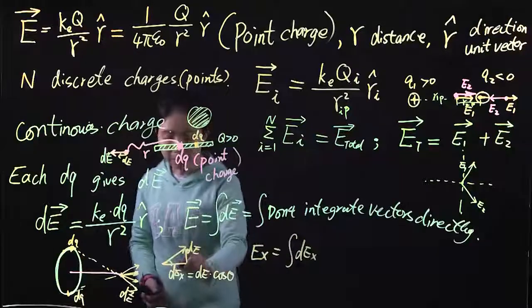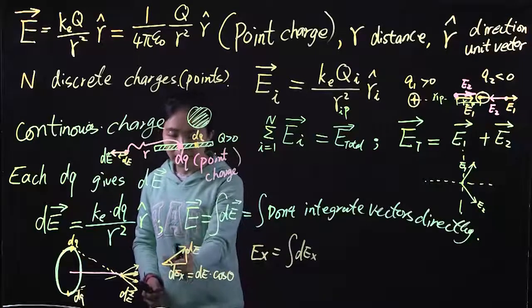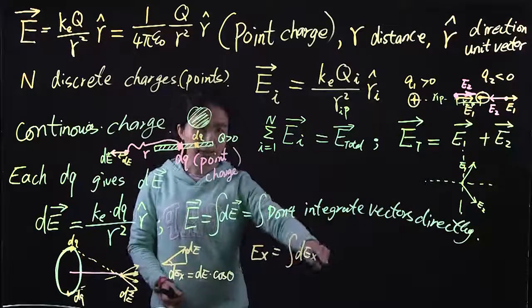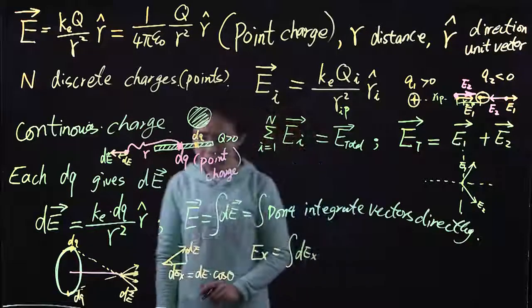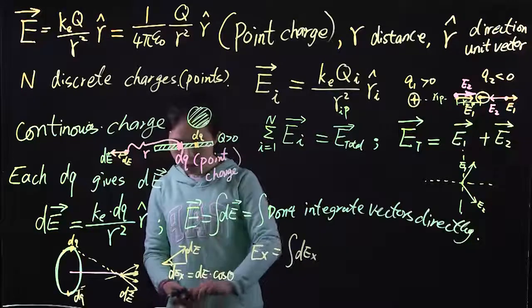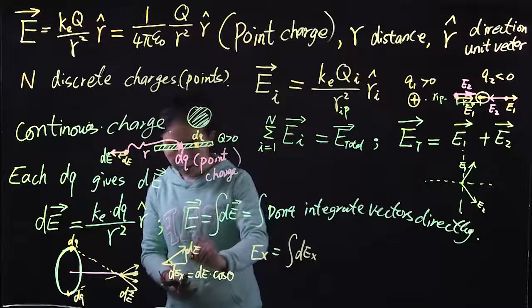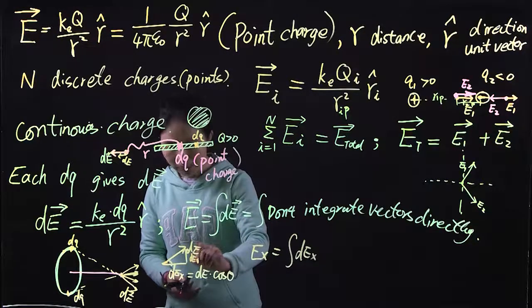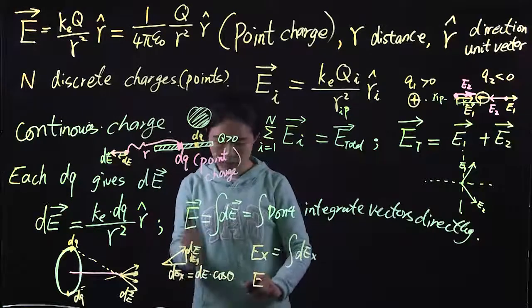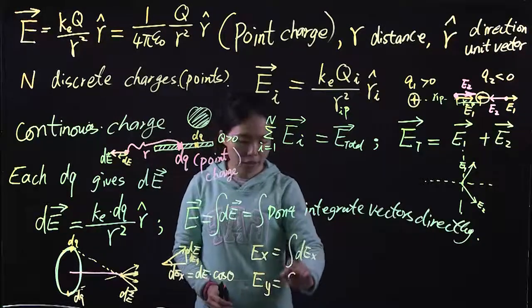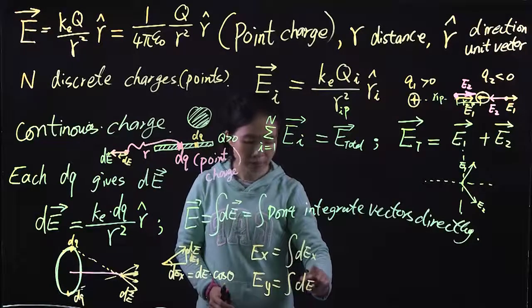Only after you decompose your vector into the x component can you do your integration. Similarly, in the other direction, you have dEy, or dE perpendicular. The total E field in the y direction equals the y-direction integral.